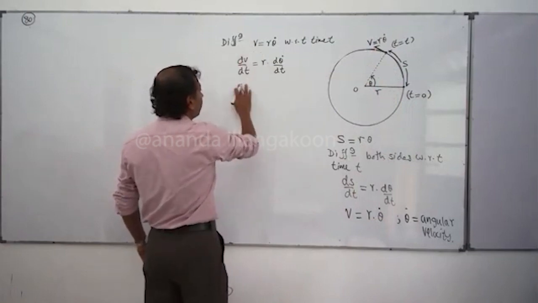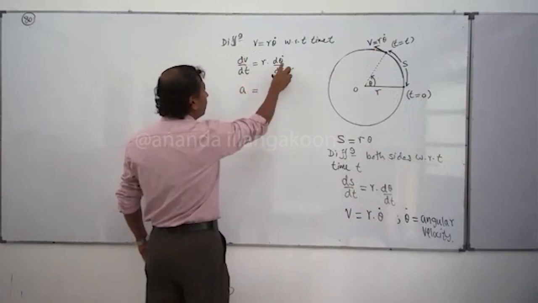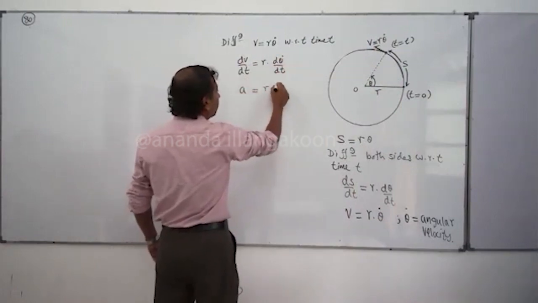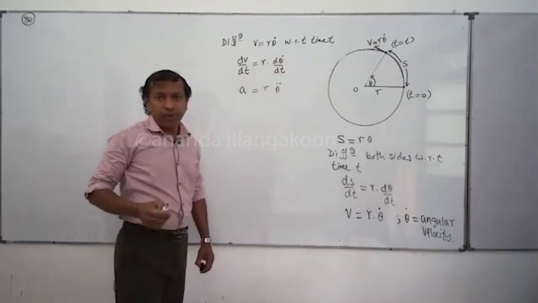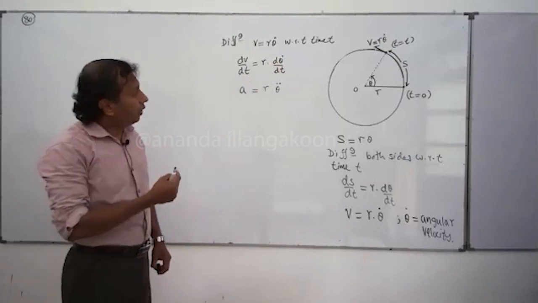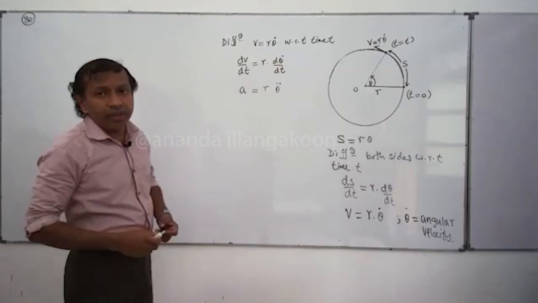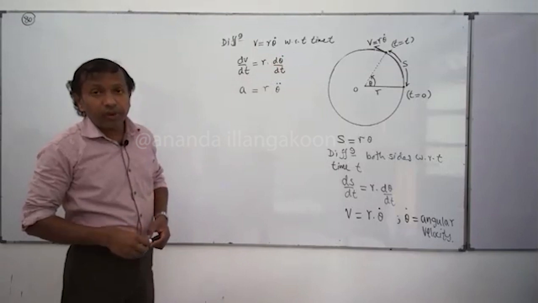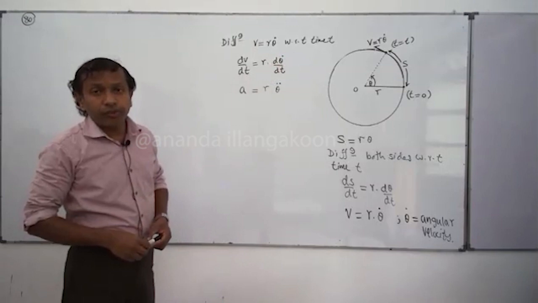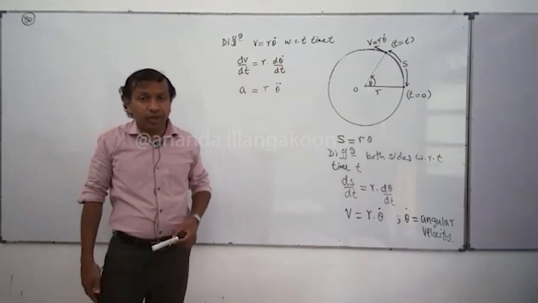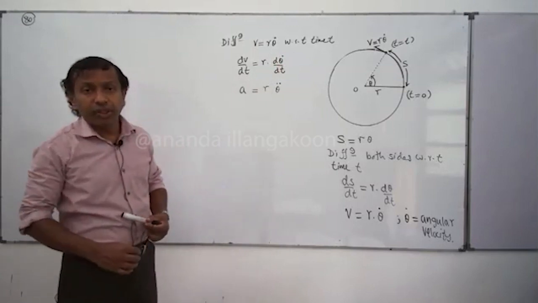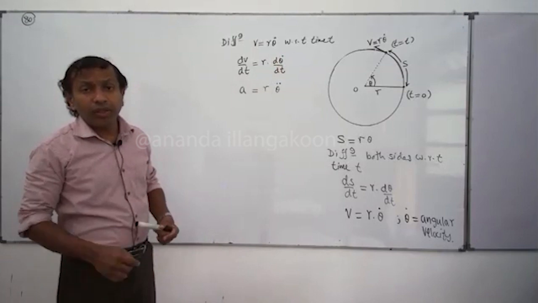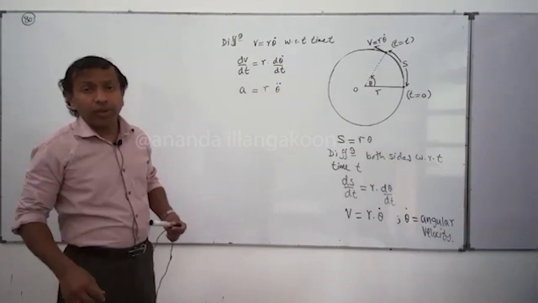Suppose A equals r times theta double dot. What is this theta double dot? Theta dot is the angular velocity. Then d theta dot by dt means the rate of change of angular velocity, the increment of angular velocity in 1 second.